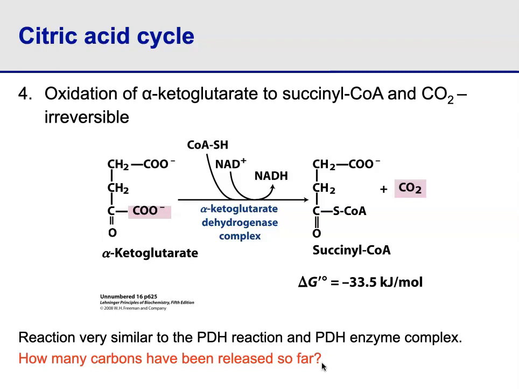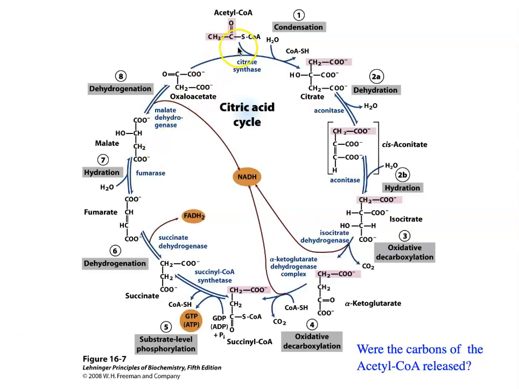We entered with an acetyl-CoA that has 2 carbons, and now we have 2 carbons released up to this point. Okay, so here's the first half. First 4 reactions. Acetyl-CoA enters, oxaloacetate enters, we have 1 carbon dioxide, another carbon dioxide, we have 1 pair of electrons, a second pair of electrons.